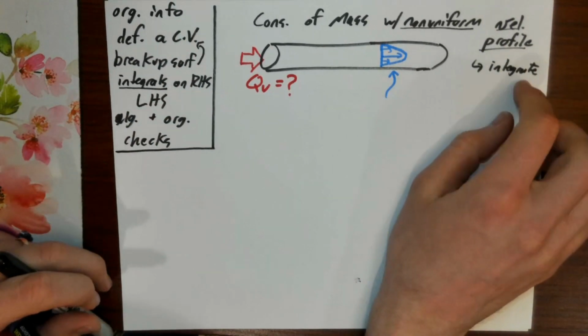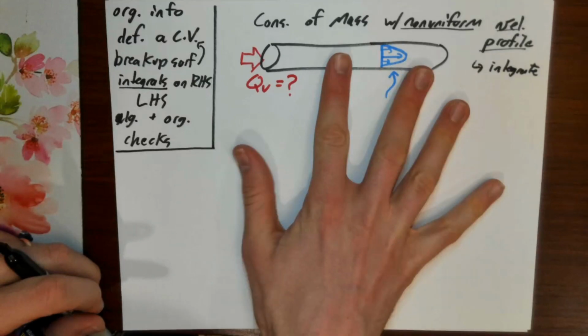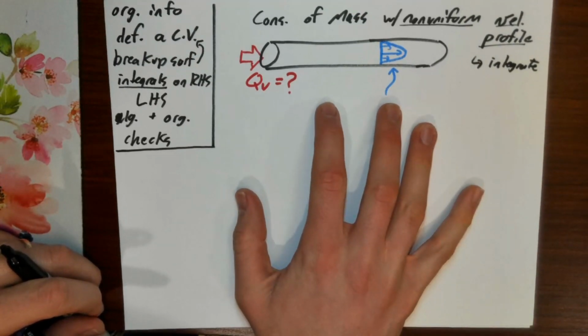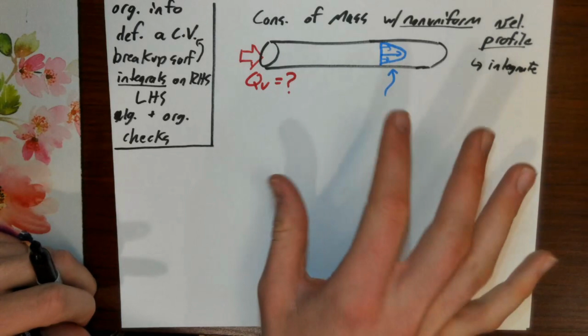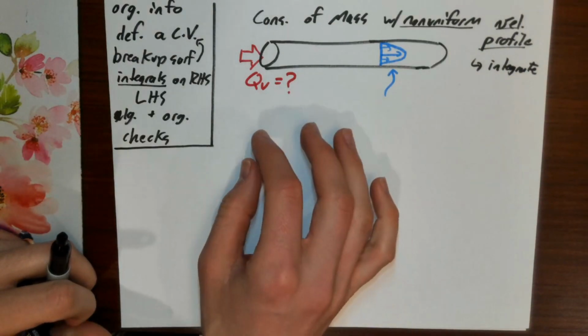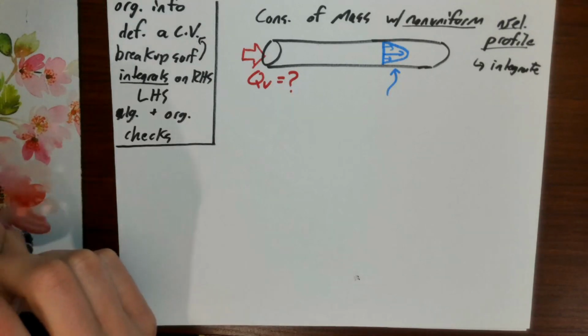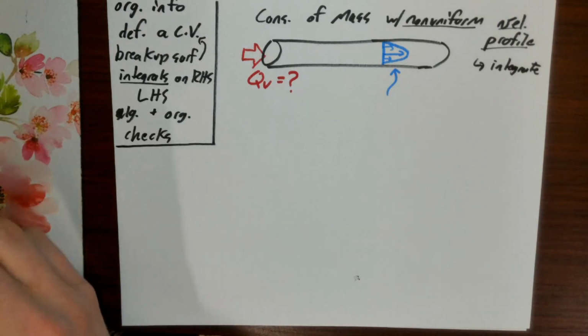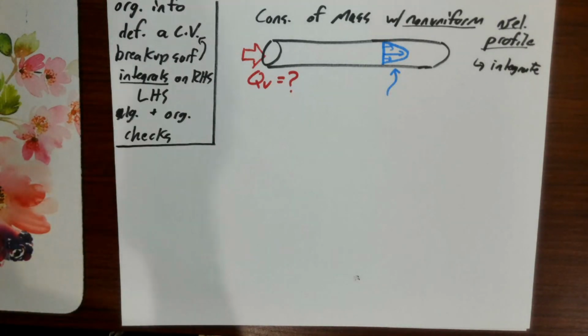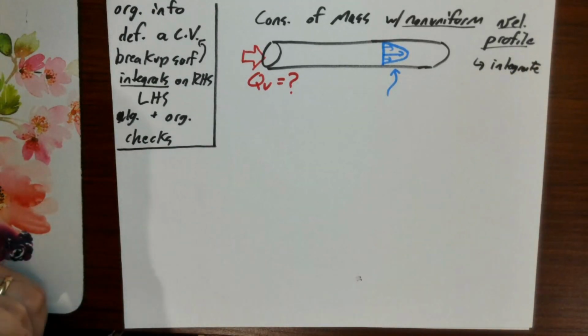This one's going to be a little bit more involved. Don't panic. We'll do this together, and the integrals aren't going to be that bad. All things considered, it's just going to be a polynomial, but we're going to need to integrate nonetheless. So this is a more advanced conservation of mass type problem where we're actually going to need to integrate to solve this thing.